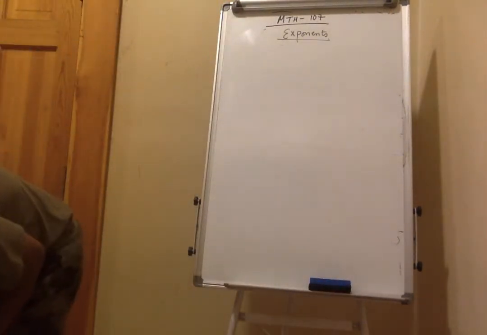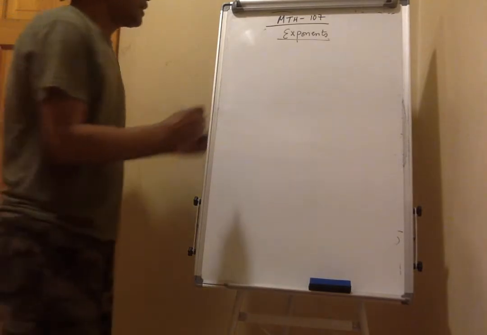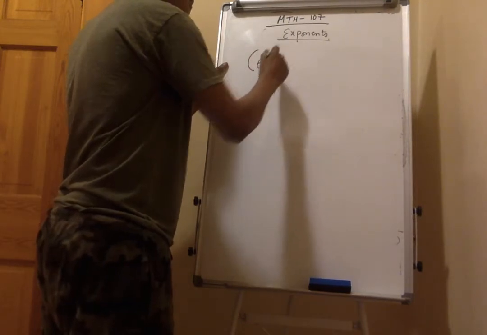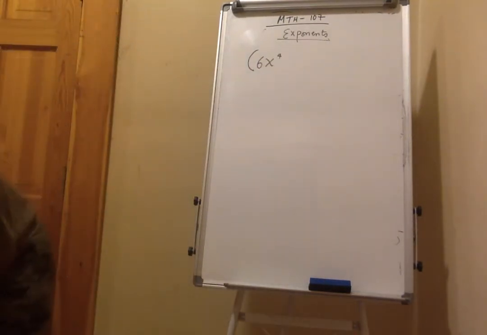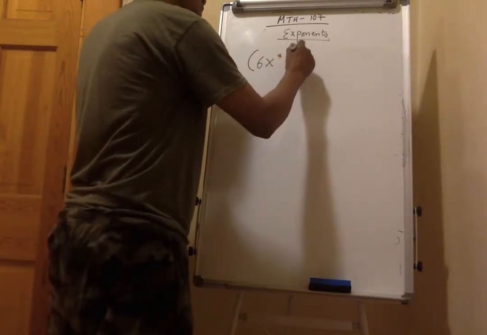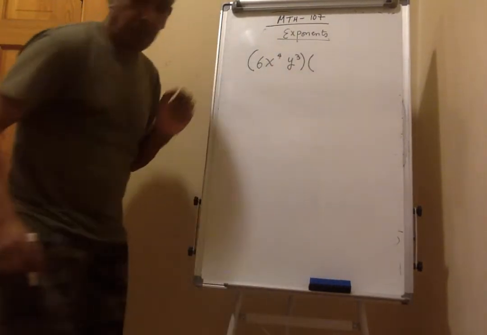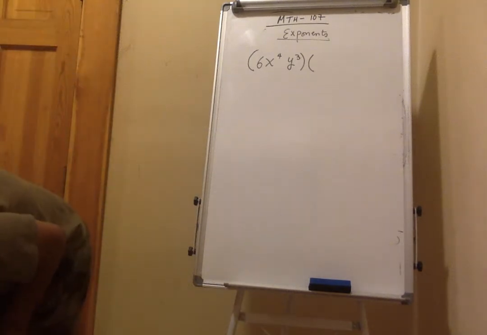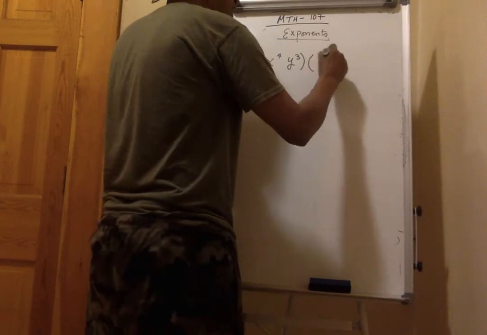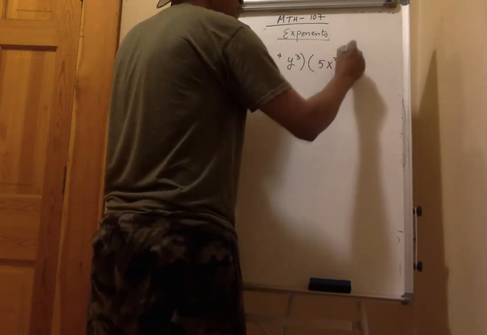So, let's do this. You have 6x to the 4th y to the 3rd, and you have 5x squared y to the 7.